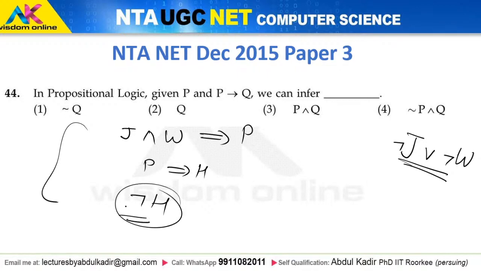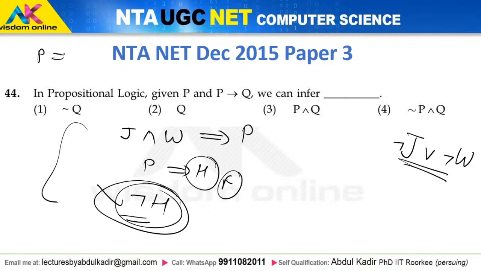In this hypothesis, he is saying that Gora is not happy. Negation of happy means not happy, which means happy has become false. Whenever we have P implies Q, and let's assume Q is false, then this complete thing is nothing but P dash.